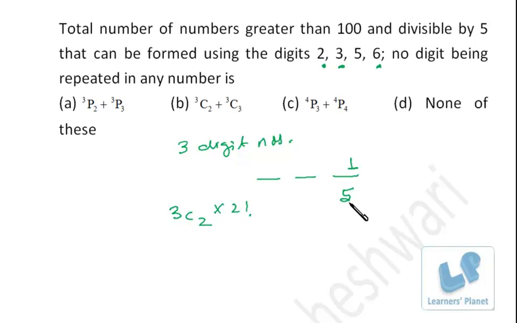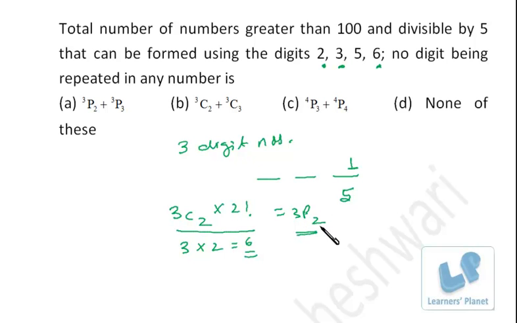So how many numbers will be there? It's 3C2 into 2 factorial. So precisely it is 3 into 2, 6 numbers. Or since the options are in C and P, 3C2 into 2 factorial is nothing but 3P2. So this is what the 3-digit numbers are, right?